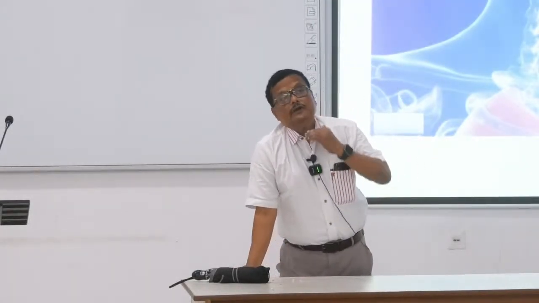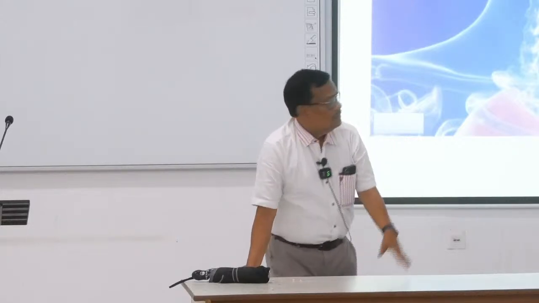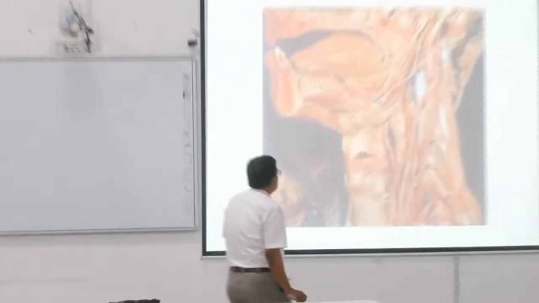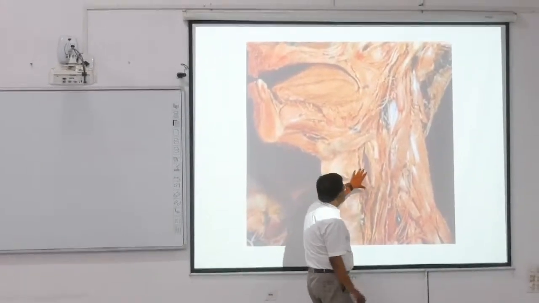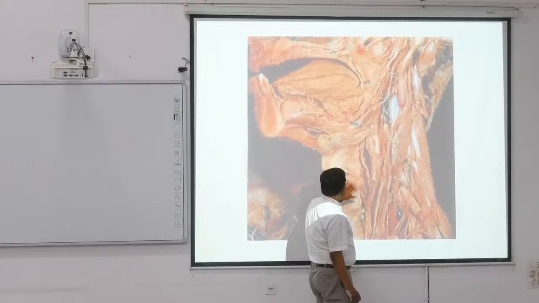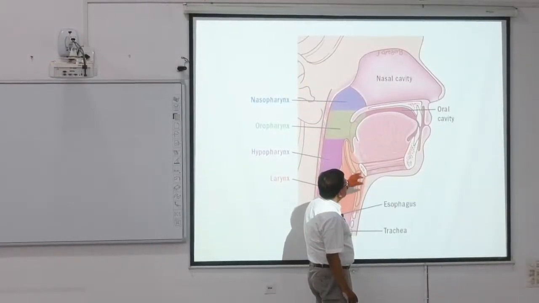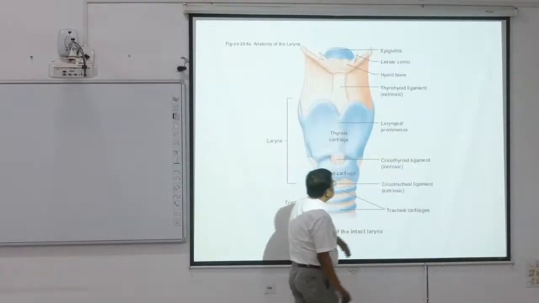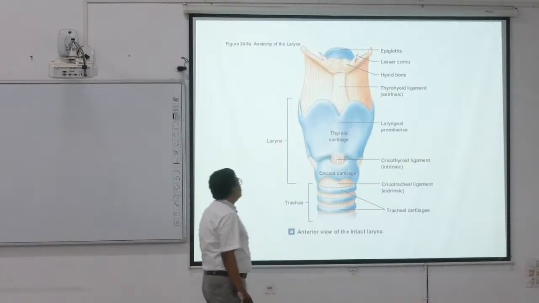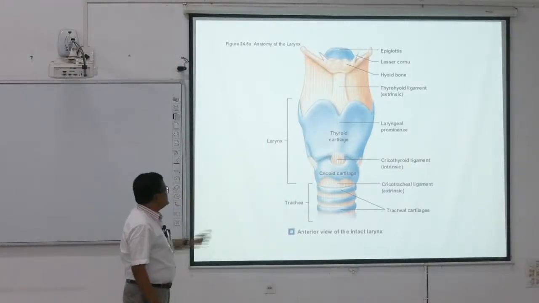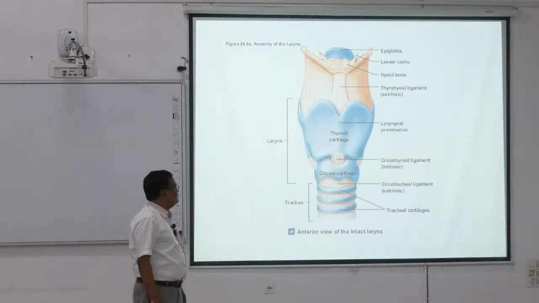The larynx starts high up from the epiglottis. Now, this is the frontal view of the larynx.